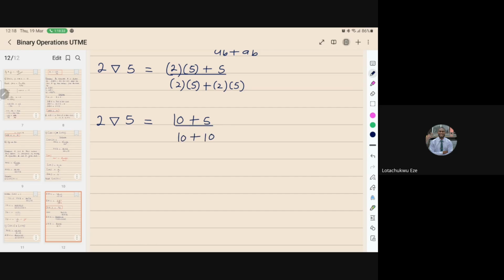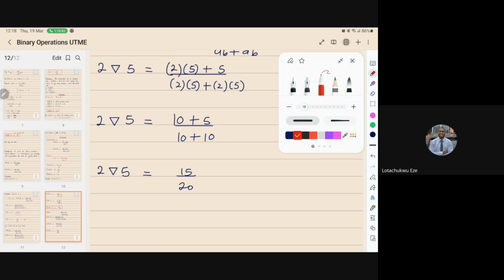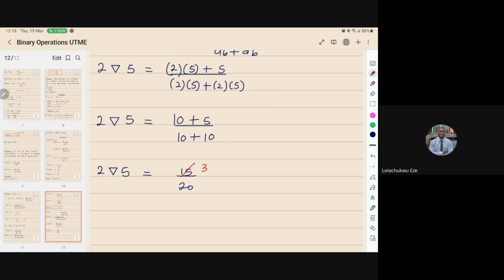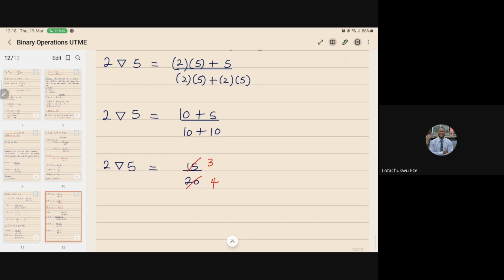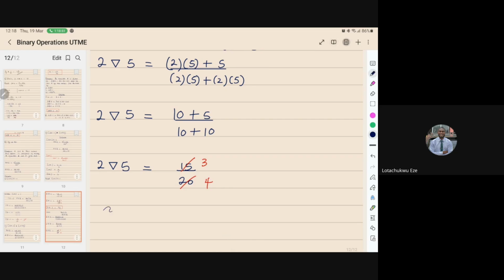This is plus 10. So 2 will have asterisk, you have the symbol 5 is equal to 15 all over 20. What can go here? You could see that 5 can go here to give us 3. 5 can go here to give us 4. So that implies that that very operation here, which is 2 and this, will be equal to what? 3 over 4.